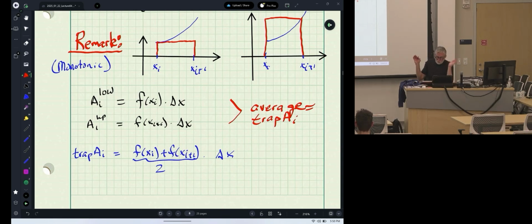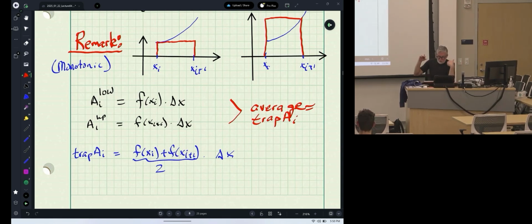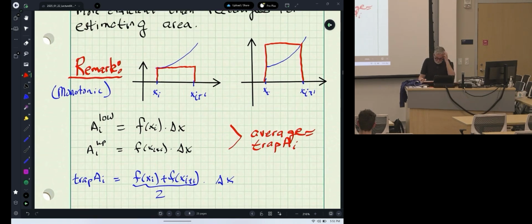When you're doing the lower and upper sums, and remember with Archimedes' principle, we would have a lower approximation, an upper approximation, and we define the approximation to be the mean, and then the difference between the upper and the lower, over 2, as the error estimate.